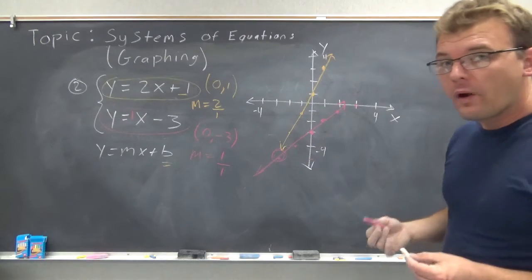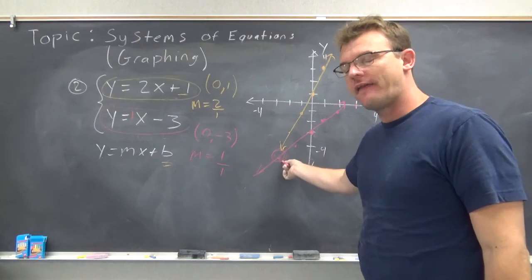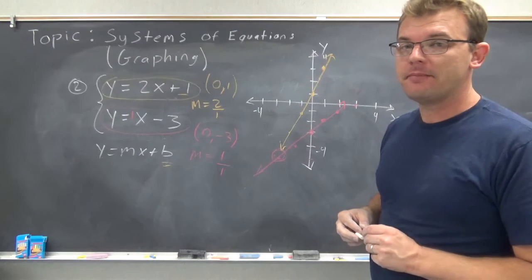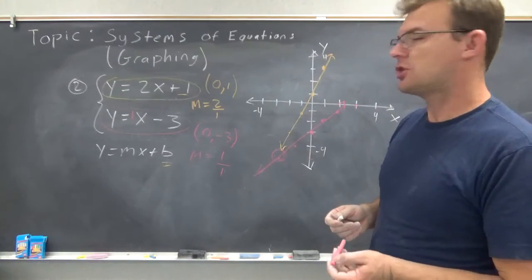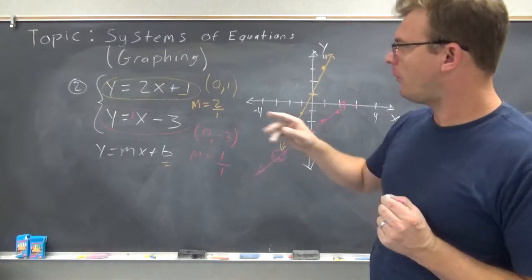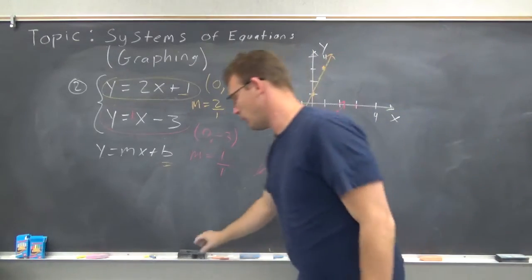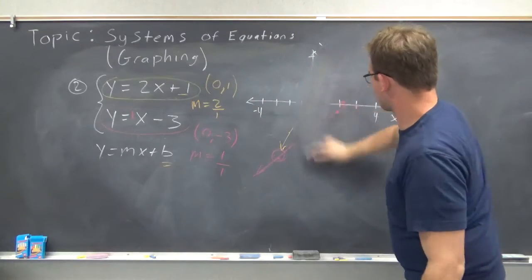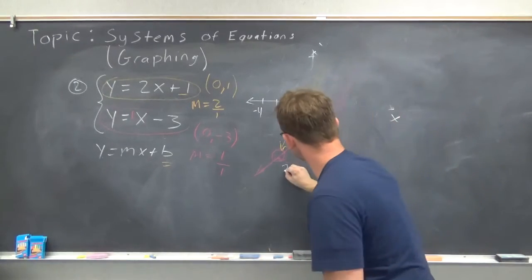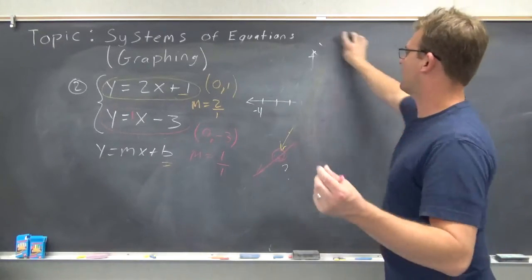But there is another way that we could find this point. And maybe some of you are picking it up, maybe not. Should I show it to you? It's not really graphing, but the whole point is you have to practice your graphing. But I do want to make this point. What if you're not too sure what that point is?